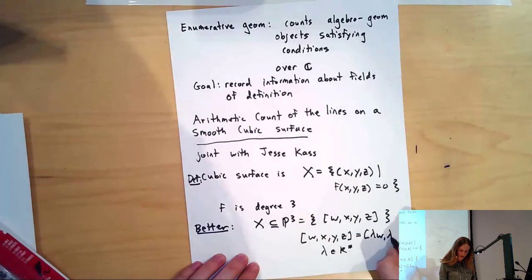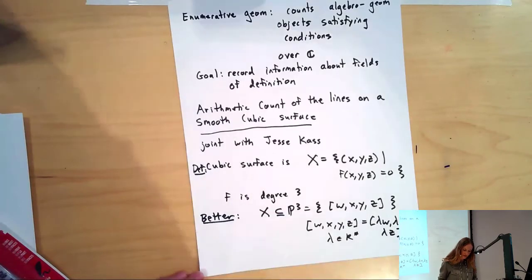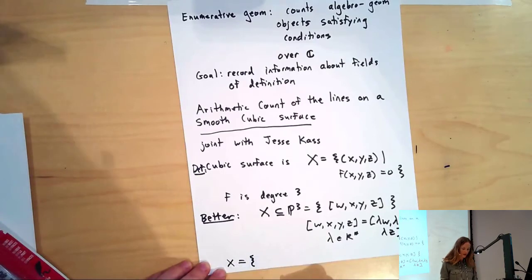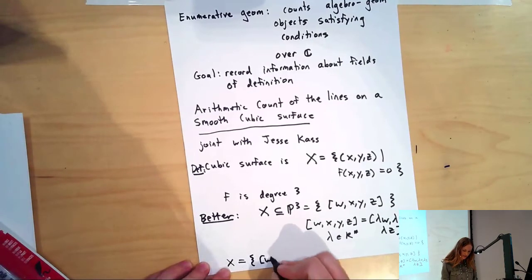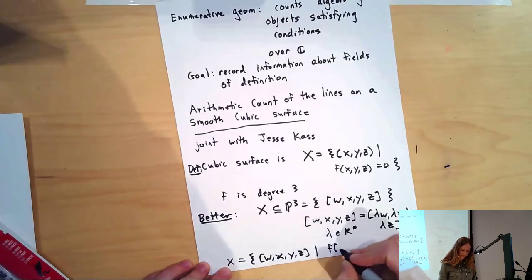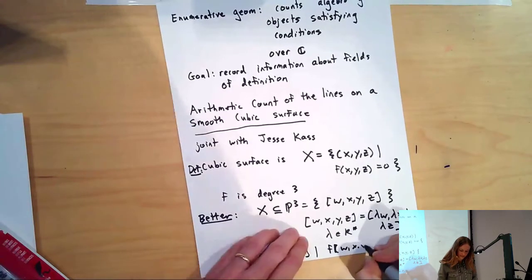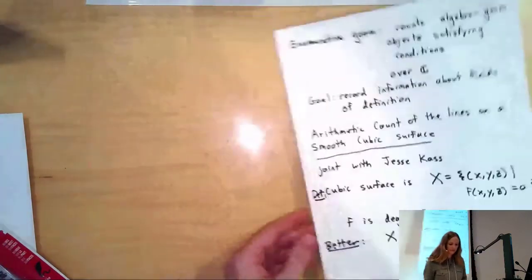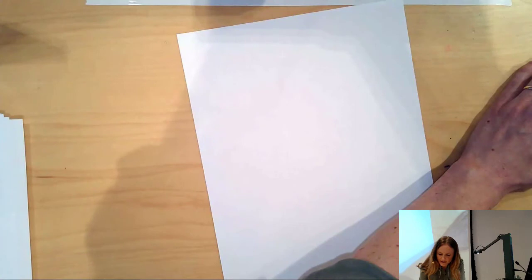So there are homogeneous coordinates on projective space, and then we can view the cubic surface as the zeros of a degree 3 homogeneous polynomial in those 4 variables. This is homogeneous degree 3.